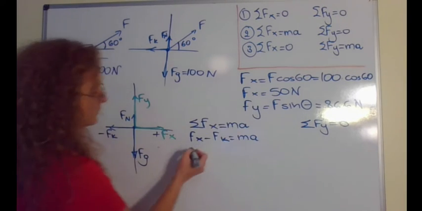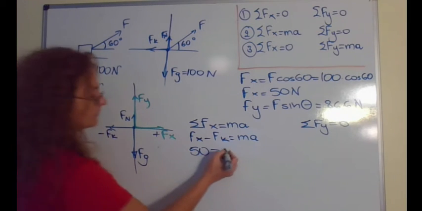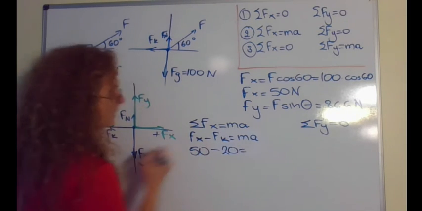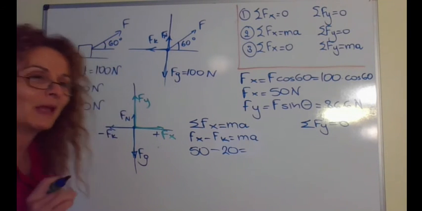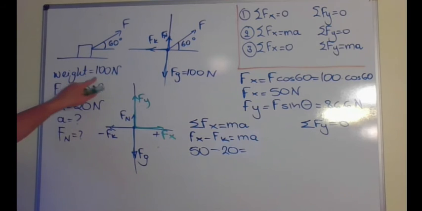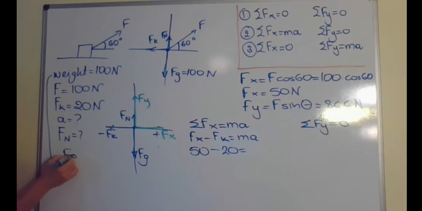Fx 50 minus friction 20 equals mass times acceleration. Do I know the mass? Yes, I do know the mass. I know the weight, the force due to gravity, and I know that the force due to gravity equals mass times g.